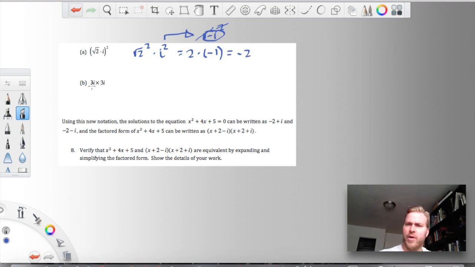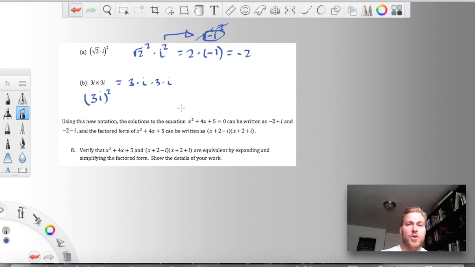This is 3i times 3i, which, if we wanted to, we could write as 3i squared, right? But we don't have to. Also remember that multiplication is associative. Really, when I'm saying 3i times 3i, I'm saying 3 times i times 3 times i.